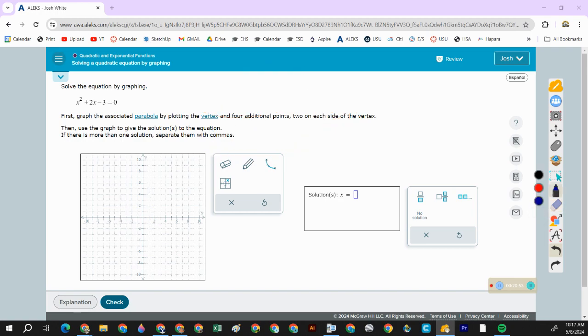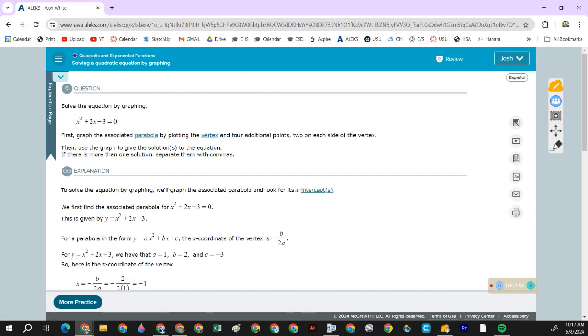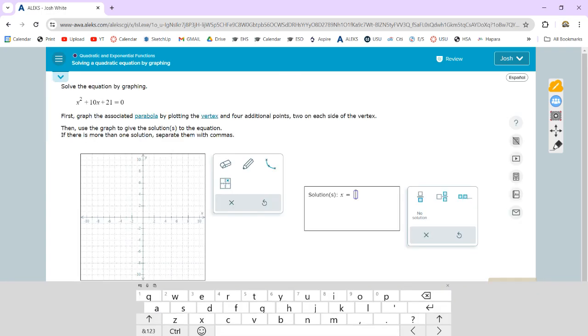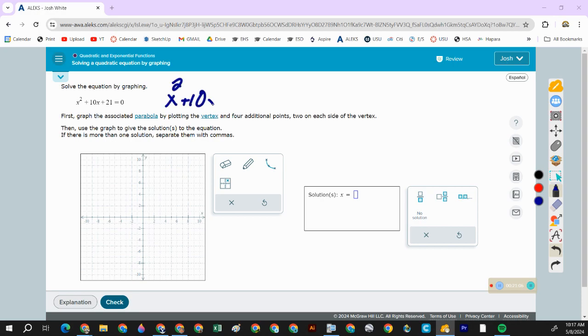Okay, let's do one more. All right, x squared plus 10x, leave a space, plus 21 equals 0. So this would be x plus 5 squared. And in order for this to be a 5, that needs to be a 25.